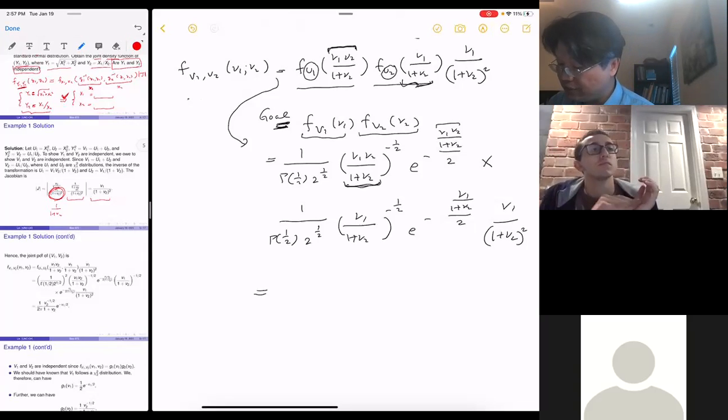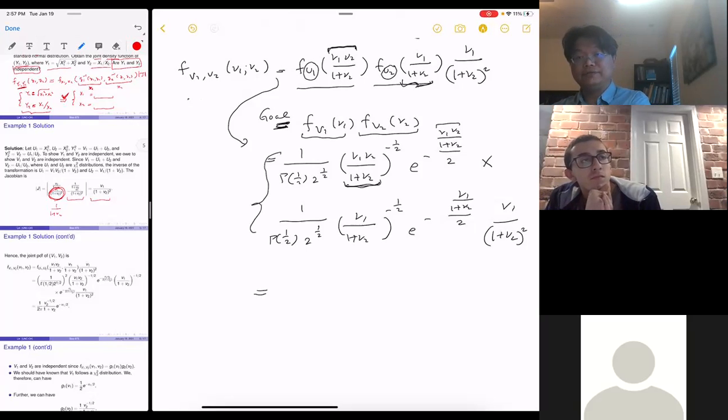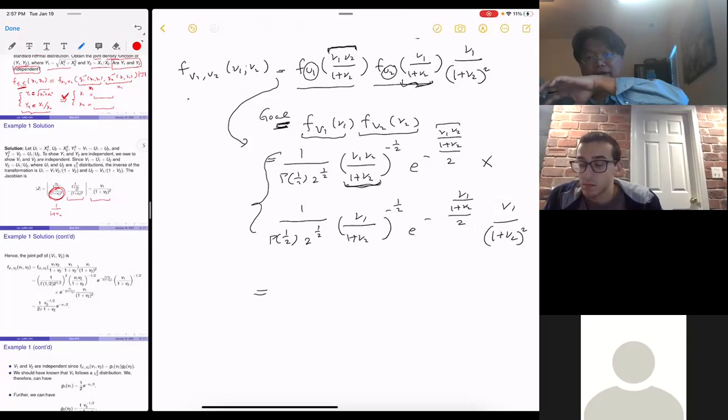And then you look at the whole thing right here, what is it? Function of V1 and V2, right? Everything on the right hand side is a function of V1, V2. Okay, but your goal is clear. I want to have a V1 part and a V2 part multiplied together.